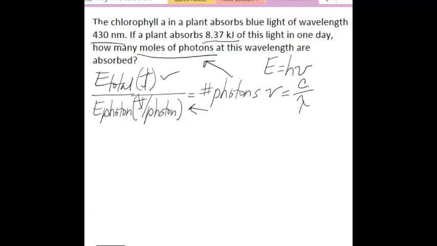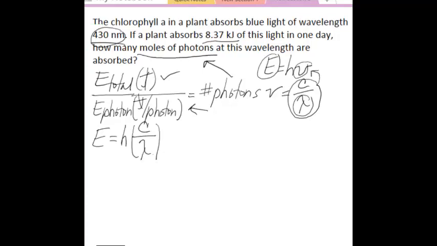So to directly relate wavelength, which we're given, to the energy of one photon, we can just plug in the speed of light divided by wavelength for this frequency term. So the overall equation is that the energy in one photon is equal to Planck's constant times the speed of light divided by wavelength.